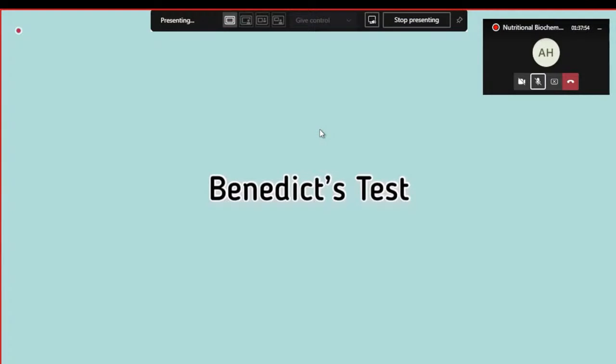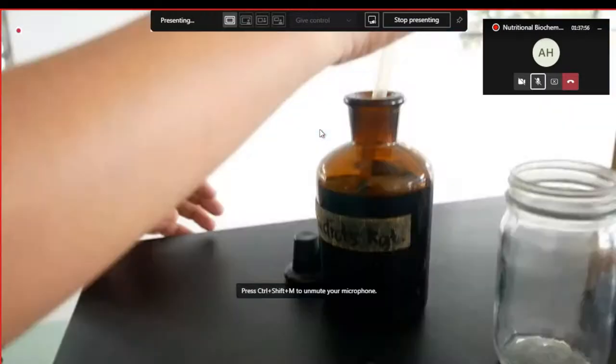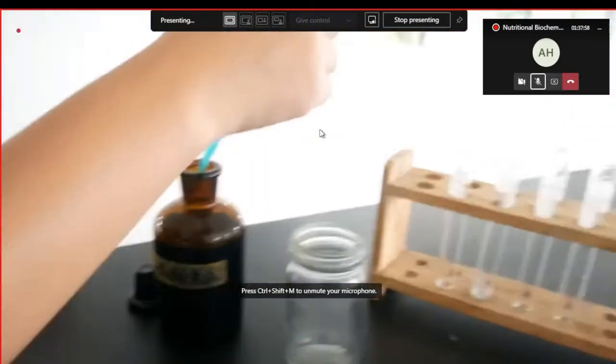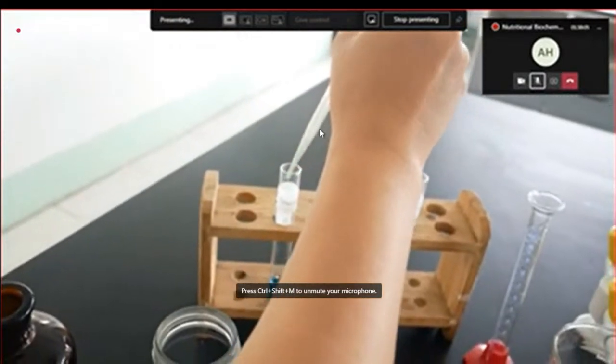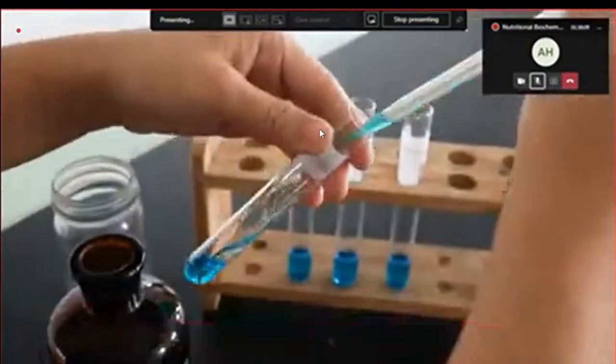Our next test is Benedict's test, a test for reducing sugars. To do this, about 2 ml of Benedict solution is added to 4 empty tubes and then placed into a water bath for 30 seconds.